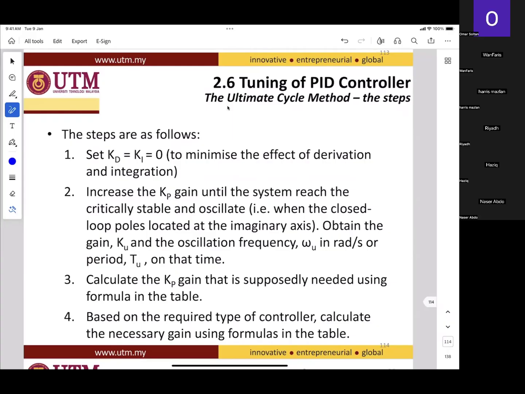When this happens, the closed loop poles are located on the imaginary axis. So you obtain the gain Ku and the oscillation frequency in radians per second at that particular time.